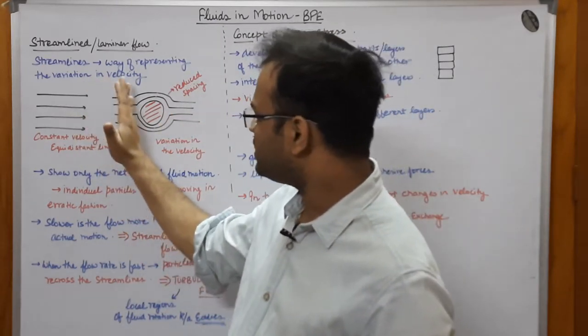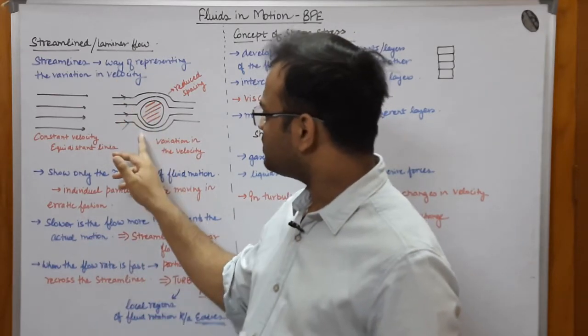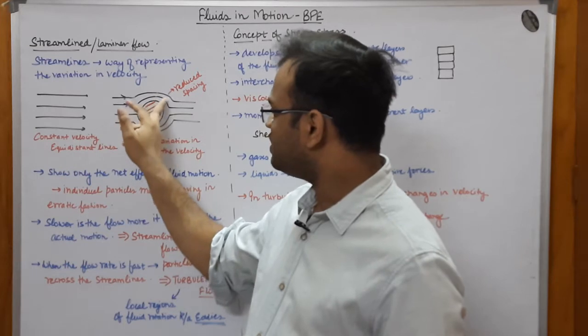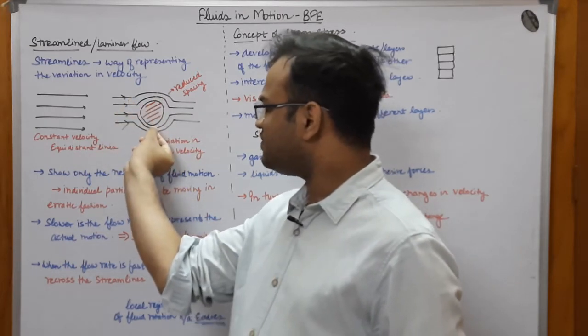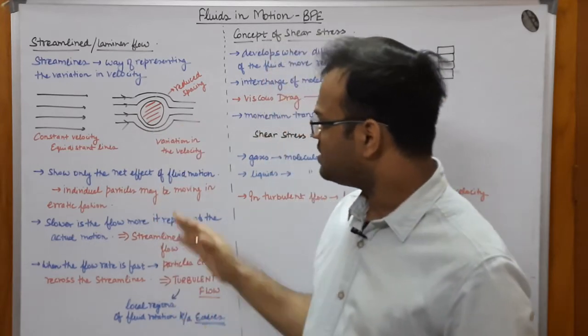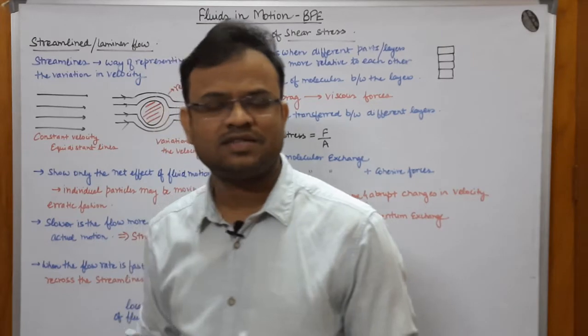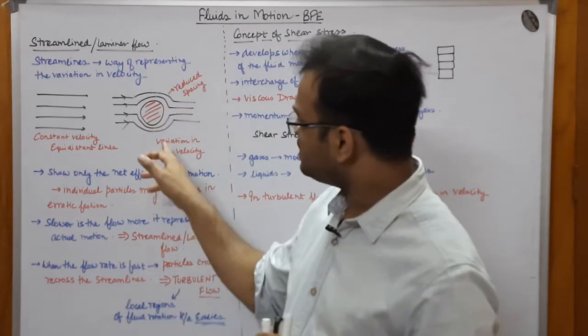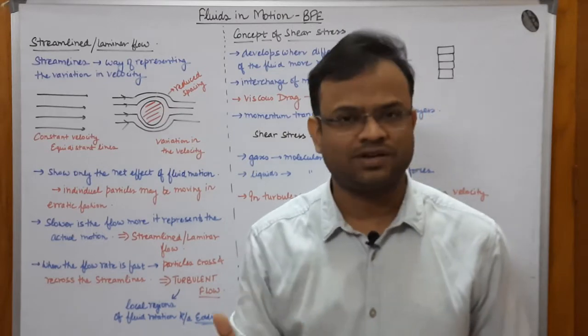Previously it was equidistant, which means the velocity was the same, but over here these layers would have a higher velocity. Since the spacing has decreased, we want to show that variation in velocity exists. If the distance is lesser, we say that the velocity has increased.